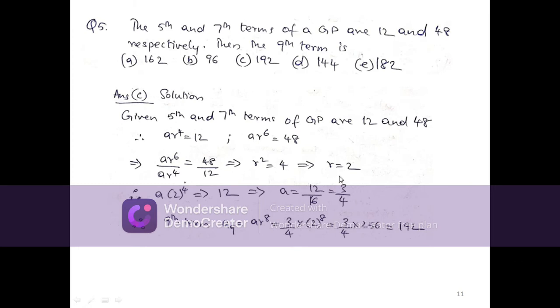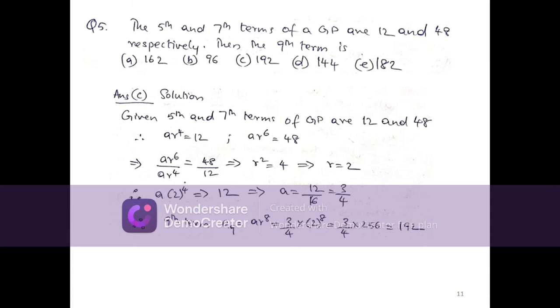When you take the square root, you will get 2. We know that A into R raised to 4 equal to 12, so A into 2 raised to 4 equal to 12. What is A? 12 by 16, that is equal to 3 by 4.